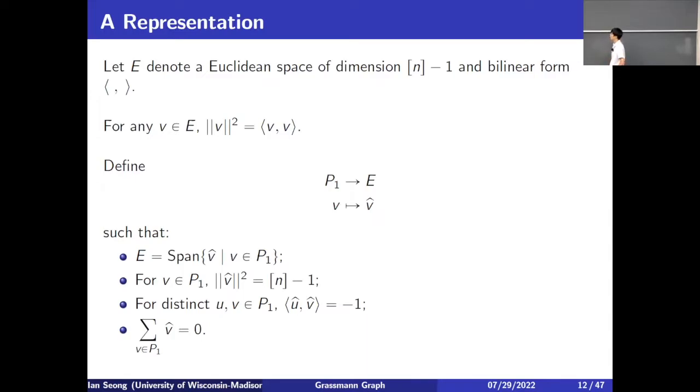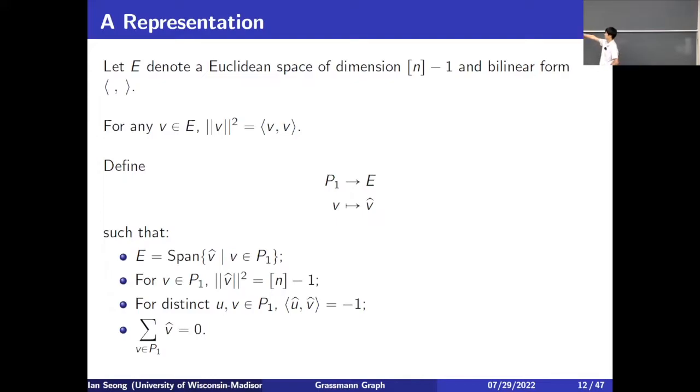And for any v in the Euclidean space, we're just going to denote the square norm to be the inner product of v with itself. Okay, now we're going to define this function that maps an element in P1 to E in the following way. So they have to satisfy these four conditions. The first condition is that E has to be the span of v hat.